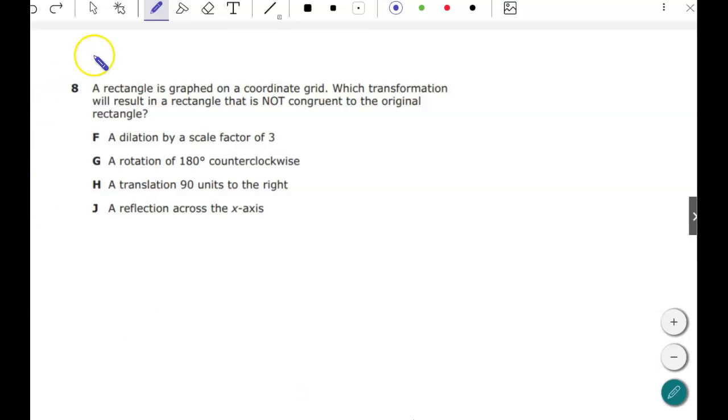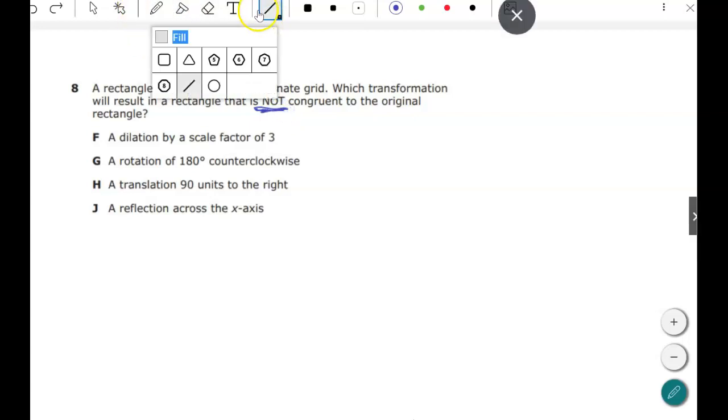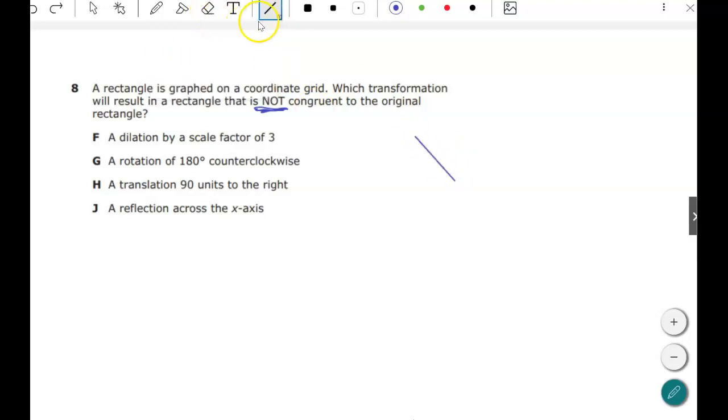All right, number 8. A rectangle is graphed on a coordinate grid. Which transformation will result in a rectangle that is not congruent? So the only transformations that are not congruent are where the rectangle would change sizes.